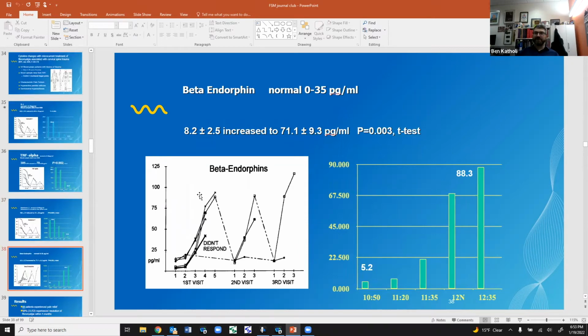If you're familiar with endorphins, those are the feel-good chemicals that your body releases after you exercise or do deep breathing exercises with your resident psychologist. So there's a lot of ways to promote endorphin release.